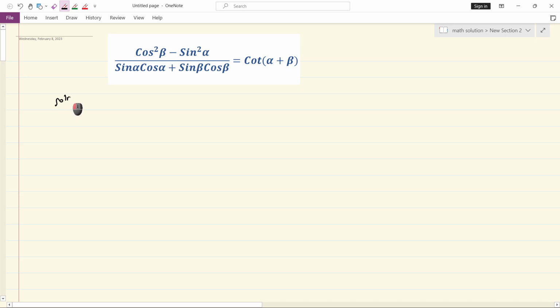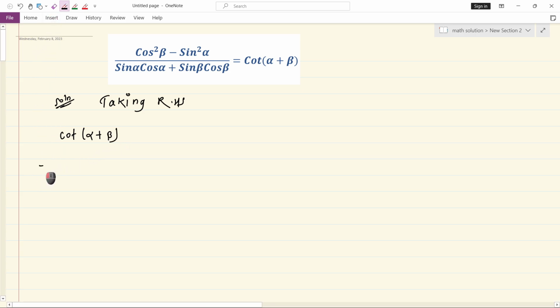So solution, taking RHS. In RHS we have cot alpha plus beta. Okay, so now let's solve it.